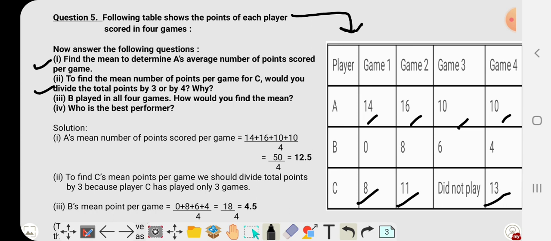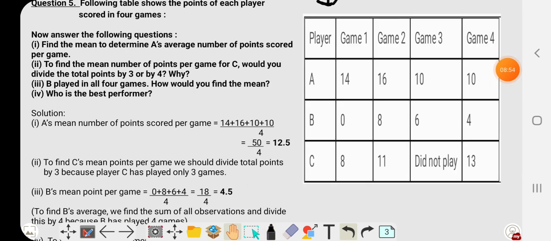So we will divide here by 3. You can see the answer. To find C's mean points per game, we should divide the total points by 3 because player C has played only 3 games.